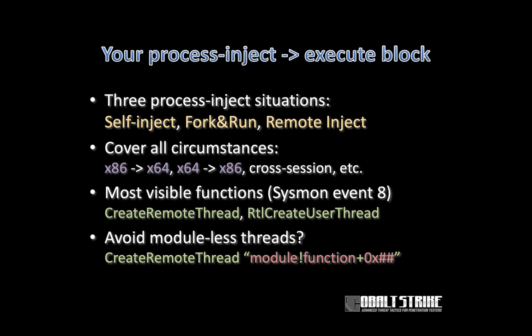You can avoid creating these kinds of threads by doing CreateRemoteThread with a module name, a function name, and an offset. And when you use CreateRemoteThread or CreateThread in this way, Beacon will create a thread in a suspended state, update it via SetThreadContext to run what you want, and then resume that thread. And so that is a method to push back on this kind of point-in-time analysis.